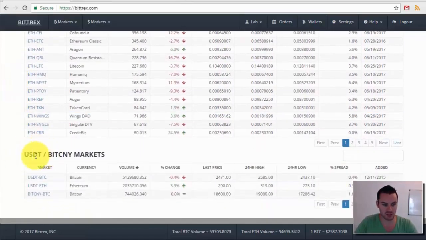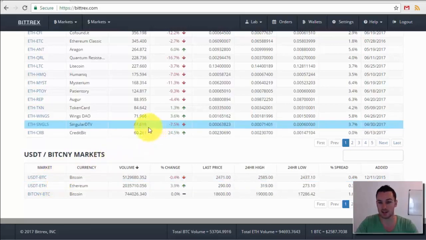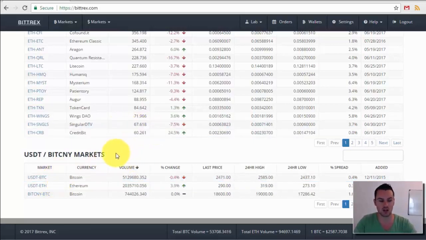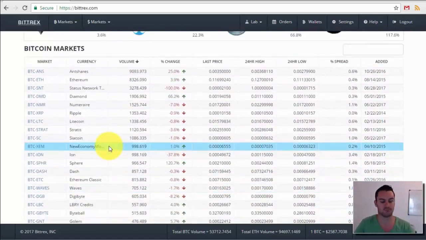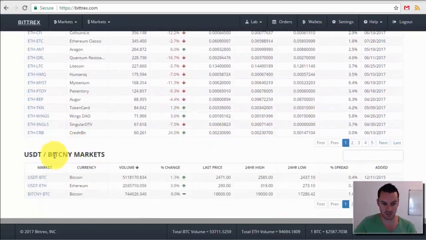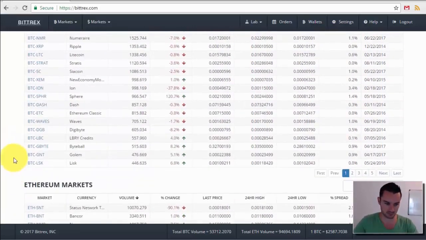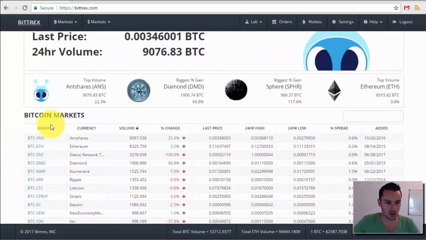And then you have your USDT markets, which is a Bitcoin and an Ethereum value in US dollars. So if you thought the Bitcoin market was going to plummet, you can sell all your Bitcoin into a USDT value. When the market drops, then you can go back in and buy your Bitcoin again at the lower value.